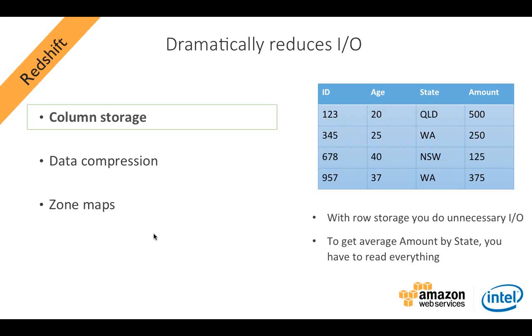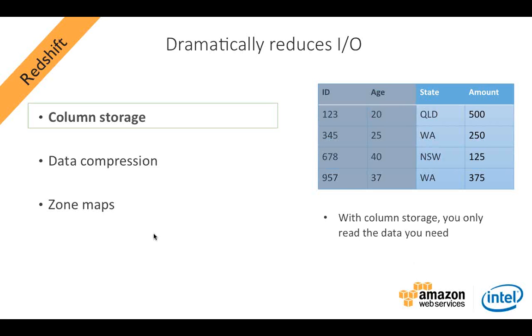For example, in this situation, if you were saying, give me the average amount by state, you still have to read over the ID and the age column, even though you're not interested in them in terms of the query. Now, if you store the data by column, on disk we write out all of the column values together, then the next column, then the next column.